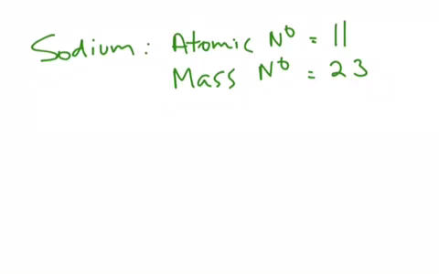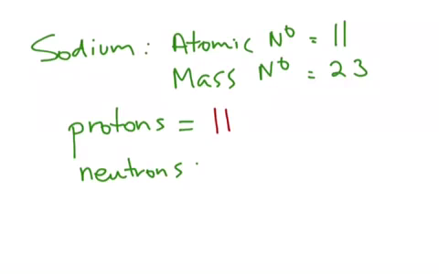Let's have a look at sodium. Sodium's atomic number is 11. Therefore, how many protons will sodium have? Hopefully you've worked out that it would have 11 protons, since its atomic number is 11. How many neutrons, therefore, would sodium have? If it has a mass number of 23, that is the number of protons and neutrons, you would have to come to the conclusion that there must be 12 neutrons in sodium.